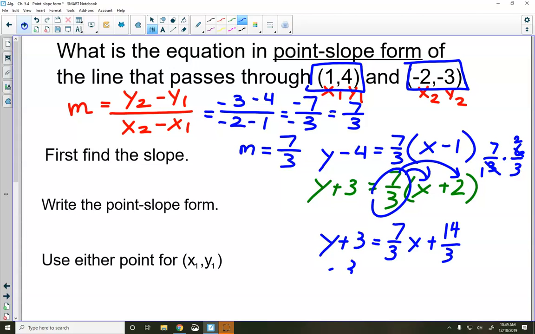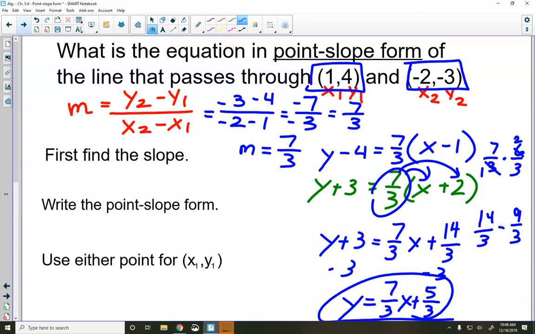Now we subtract 3 from each side here. We're going to get y equals 7/3 x, and we just have to do 14/3 minus 3. Another way to express 3 is 9/3. Common denominators, right? And we get 5/3 positive.